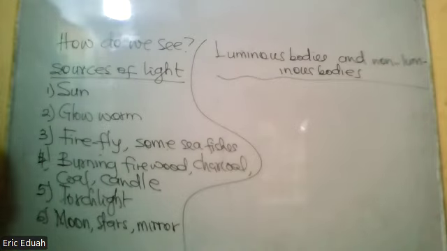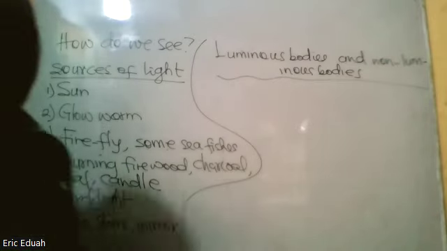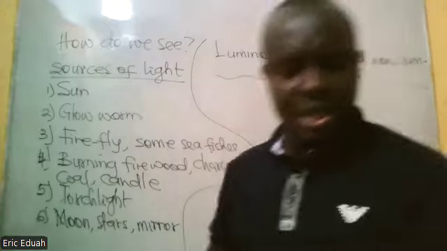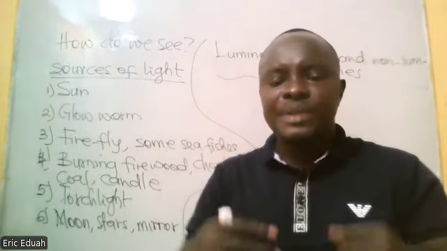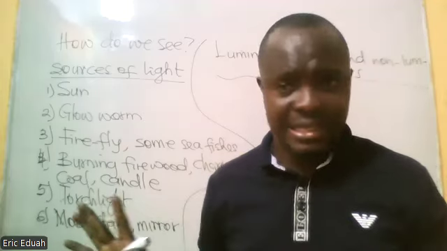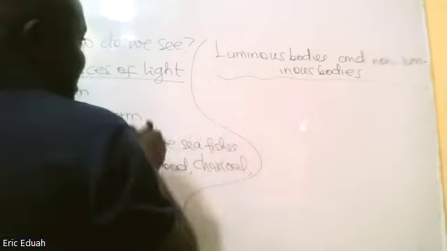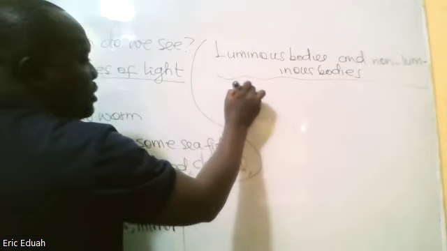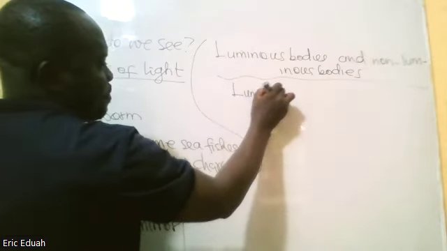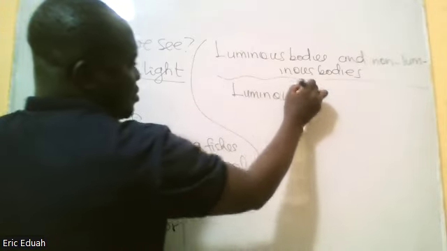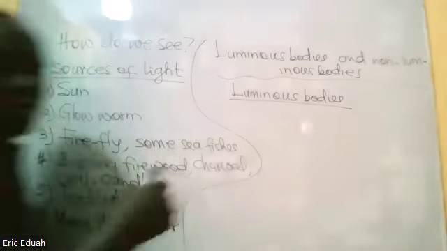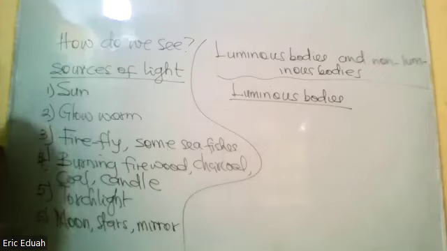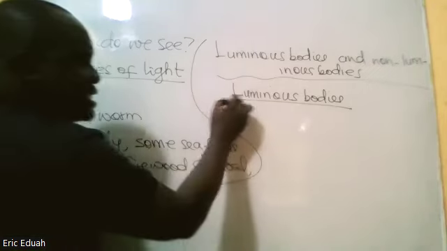When we talk about luminous bodies, these are bodies that produce their own source of light. And the sun is an example of luminous bodies. So these bodies produce their own source of light. The sun is one.